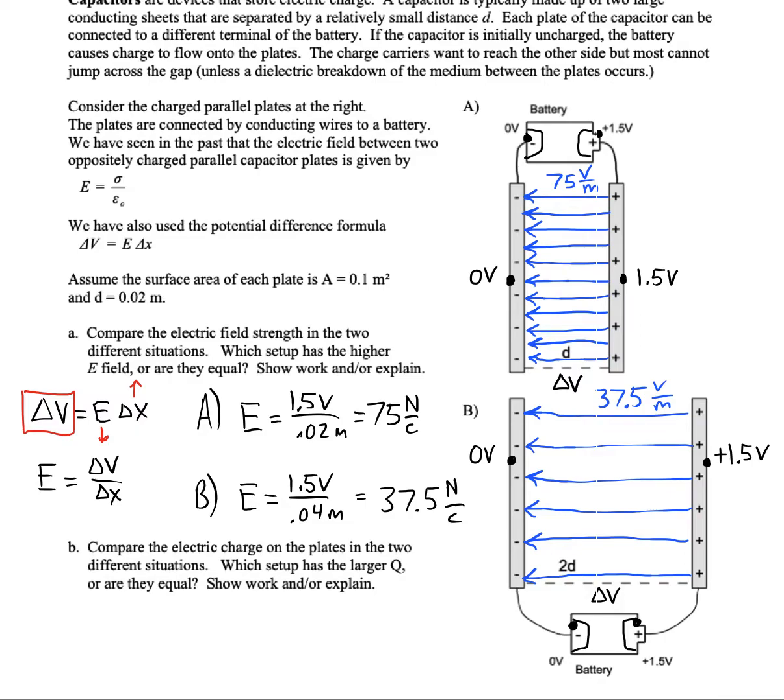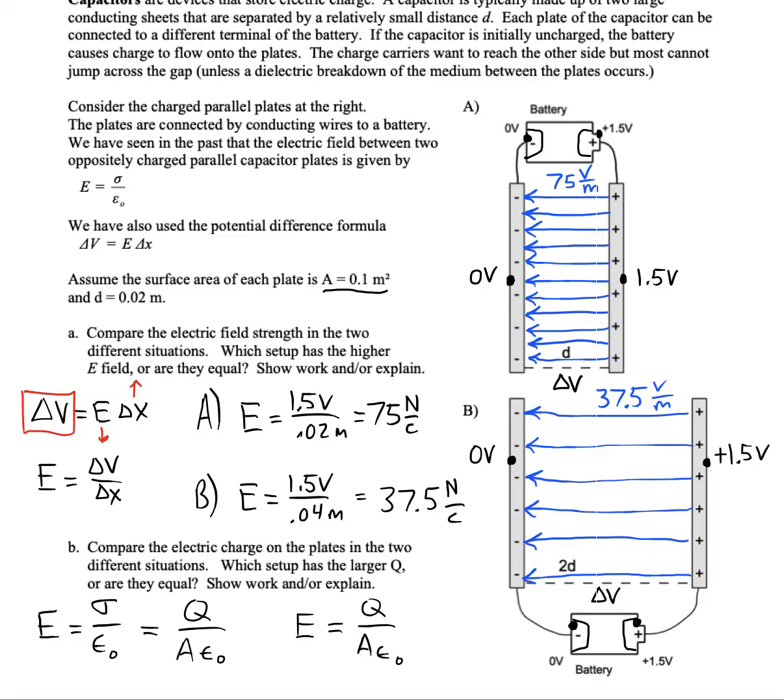And how could we find out the amount of charge? Well, we have the formula E equals sigma over epsilon naught. But if we remember the definition of sigma, it's Q over A. So we would have this. Now we know that the surface area of each plate is going to stay constant in both setups.